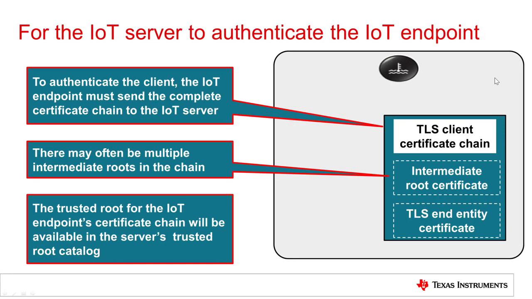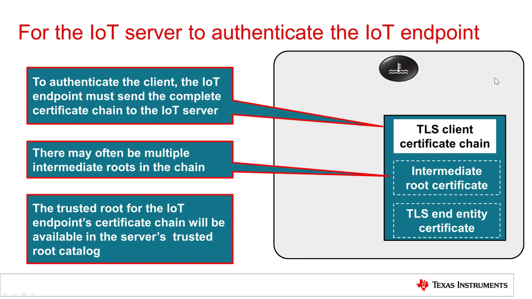The next step in establishing a secure TLS connection between the IoT device and its server will be for the server to authenticate the IoT endpoint device. This requires that the IoT endpoint device can send a copy of its client certificate chain.